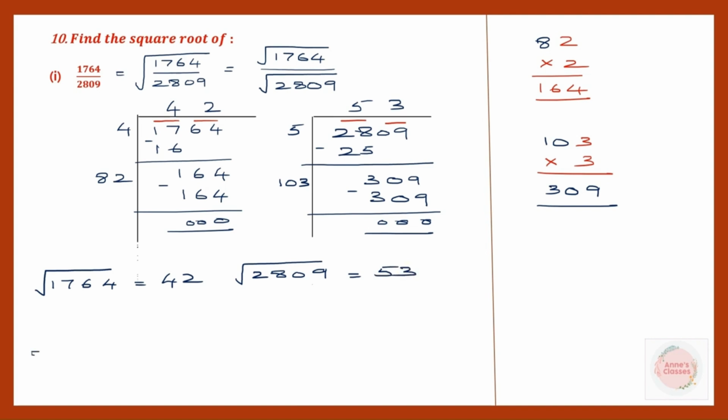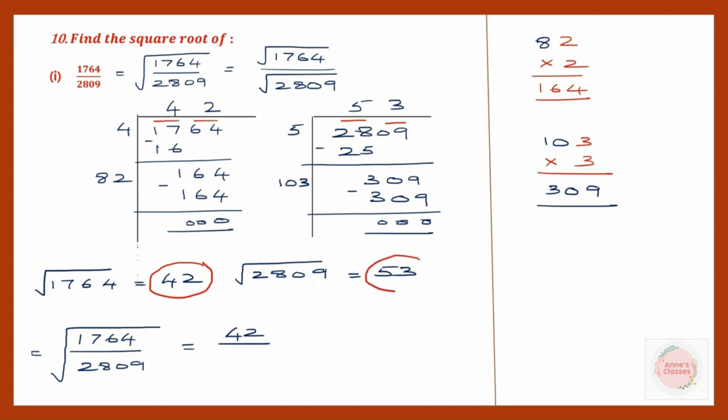So now, according to the question, the square root of 1764 by 2809 will be, we found out for 1764 it's 42. So let's write 42 by 2809, square root is 53. So what is our final answer? 42 by 53 is our final answer.